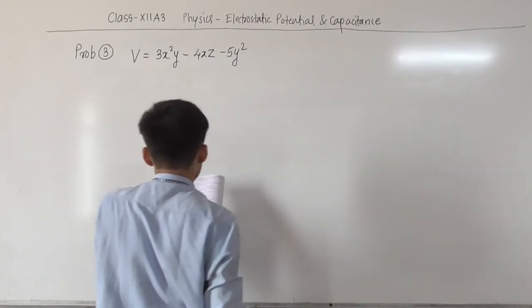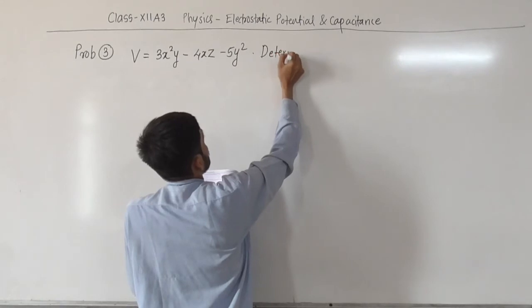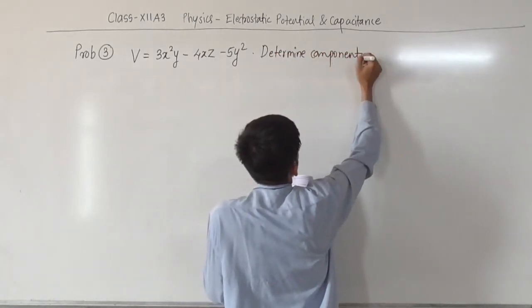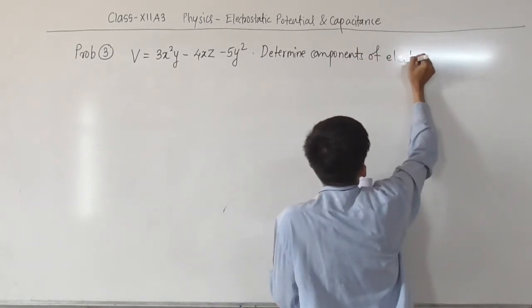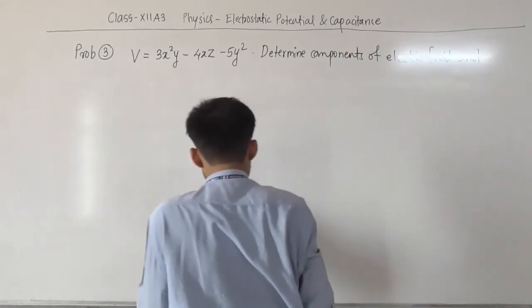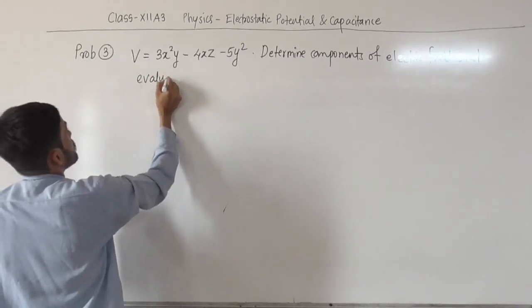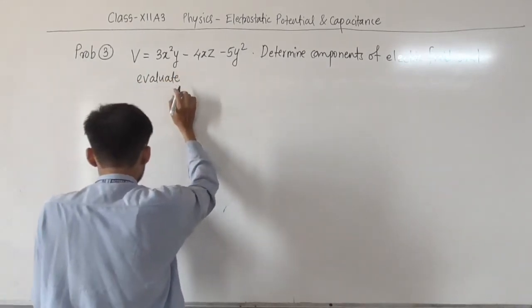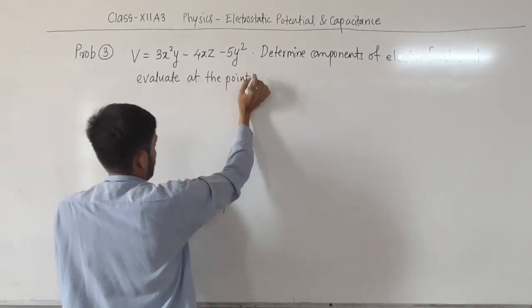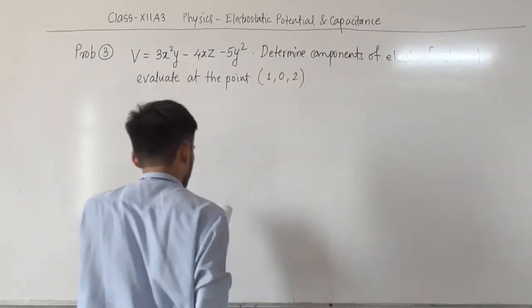Determine the components of the electric field and evaluate at the point 1, 0, 2. Okay.